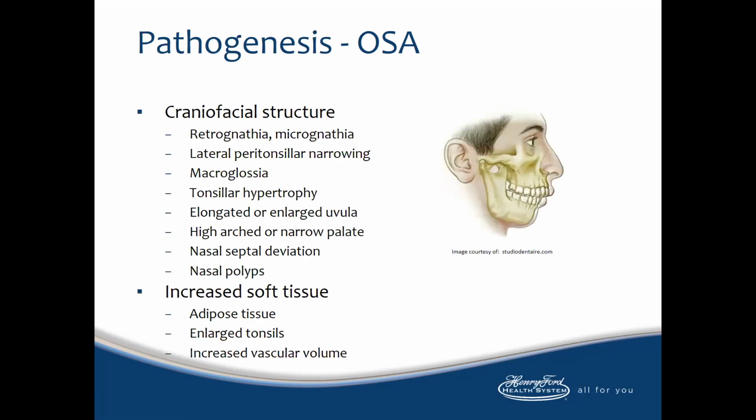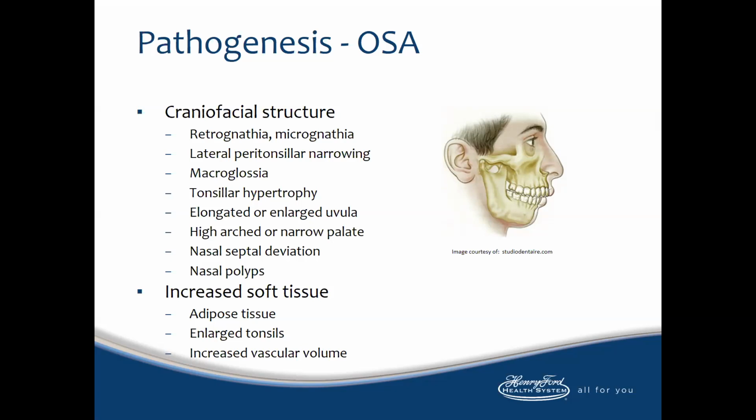As I described here, anything abnormal with your craniofacial structure can affect your risk factors for having an obstruction. If you have a small jaw or a lower jaw that is pushed backwards, that's going to cause more crowding in the back of the pharyngeal airway. If you have enlarged tonsils or a large tongue, as I discussed, that will also cause more crowding.